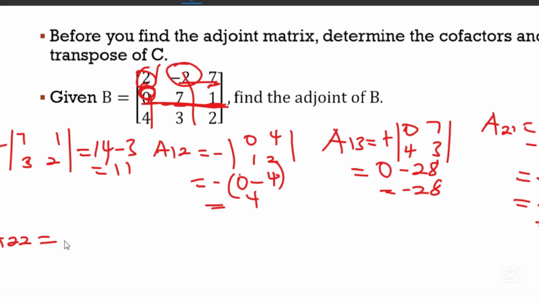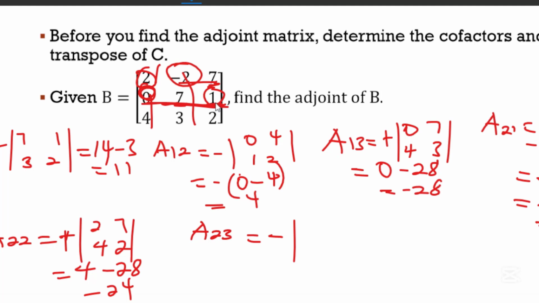Now let's find A23, which is this. So we are now on minus plus minus. So we have minus into brackets. All entries in the row and column are deleted, so we have 2, -2, then 4, 3.